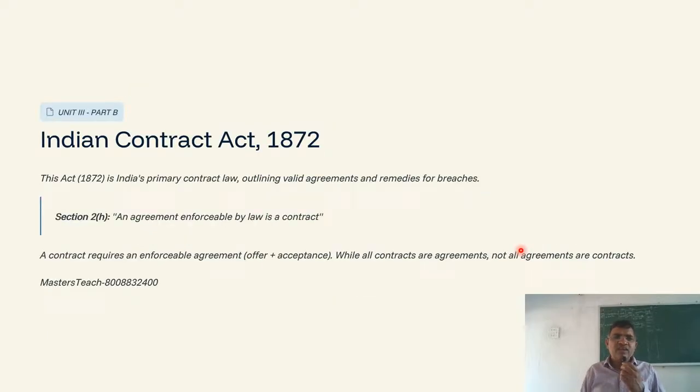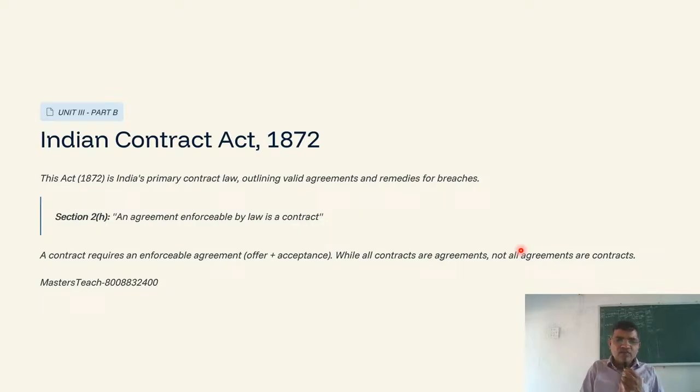Then the Indian Contract Act 1872. This act is India's primary contract law, and it outlines valid agreements and remedies for breaches. Section 2(h): an agreement enforceable by law is a contract. What is a contract? An agreement enforceable by law is called a contract. A contract requires an enforceable agreement.